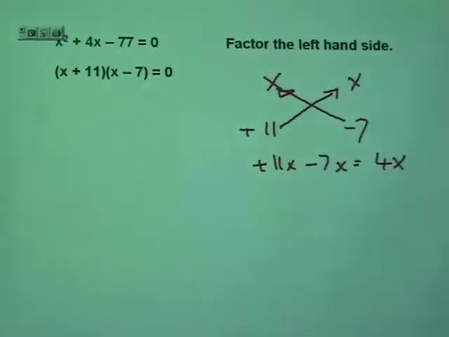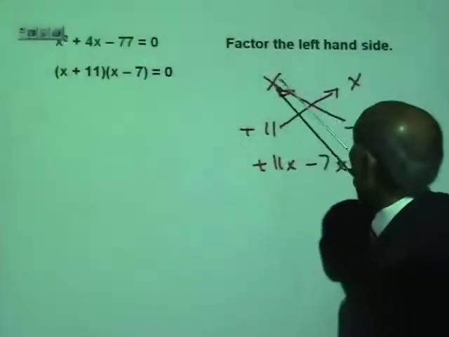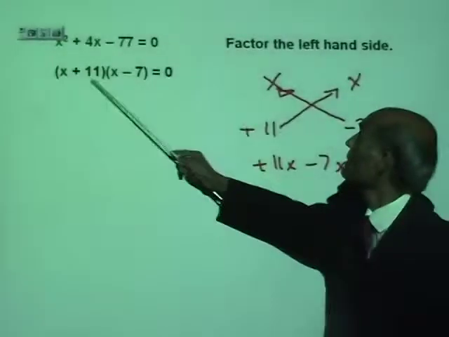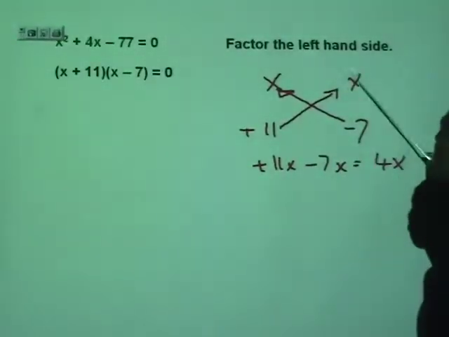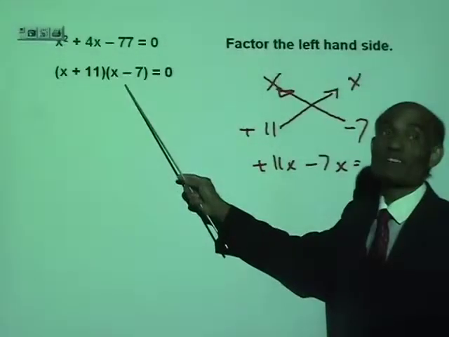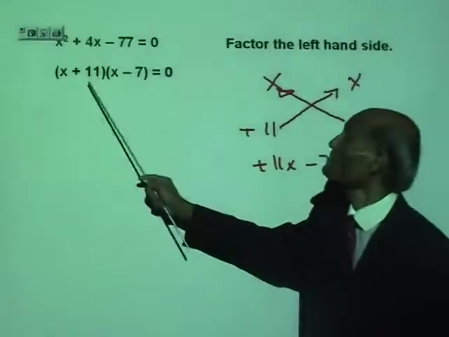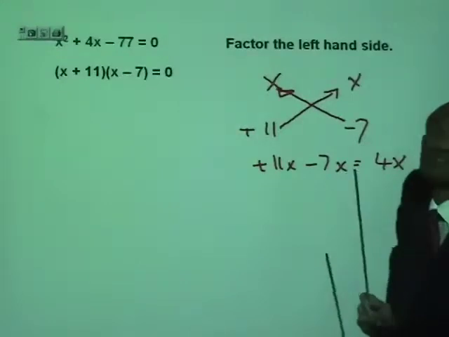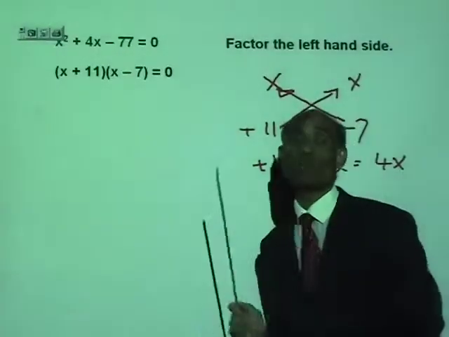That means, what are the factors of this now? The factors are x plus 11 is the first factor, and x minus 7 is the second factor. So we have x plus 11 times x minus 7 equal to 0 is now the equation.